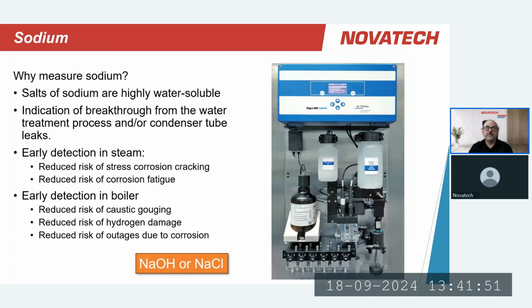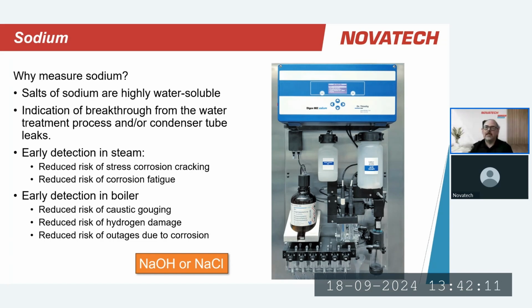The sodium measurement is the one that really gives us eyes onto what's happening in terms of heat exchanger, particularly condenser breakthrough, condenser tube leaks, if we're using untreated water as our cooling medium.